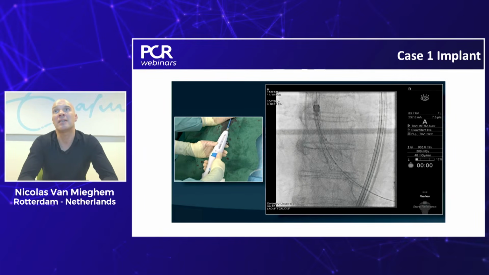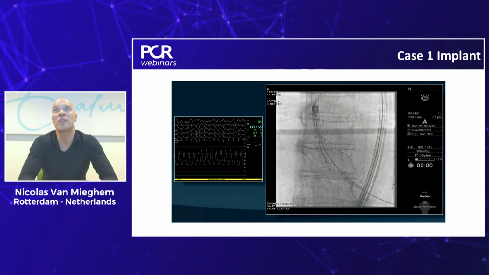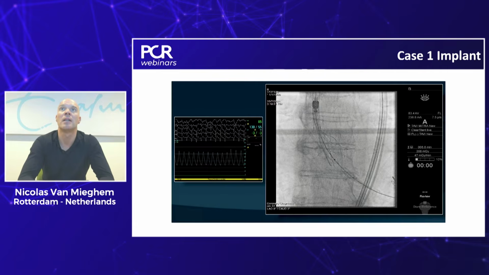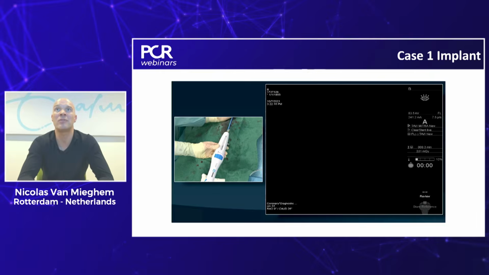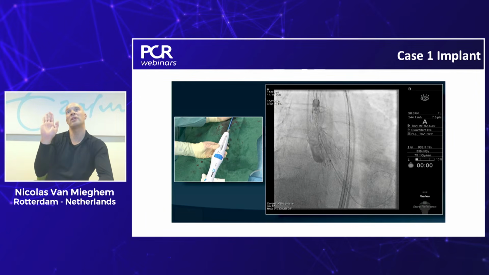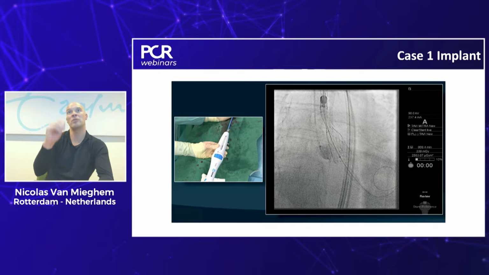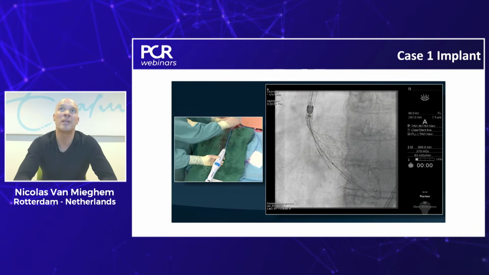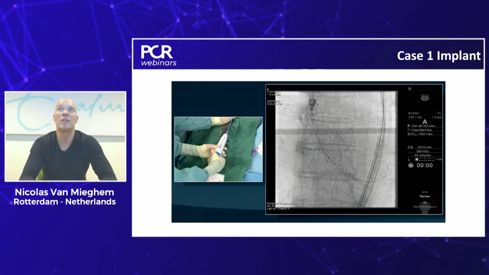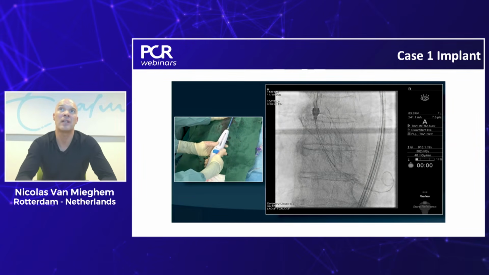This is an extra small Safari wire, and you see how stable the valve system is in this particular case. Then you have a hard stop at 80% of the deployment. This is where we would cross over to a cusp overlap view, as we're doing here, to confirm the implant depth. Once we're happy, we take it back to a coplanar view and then slowly release the valve.